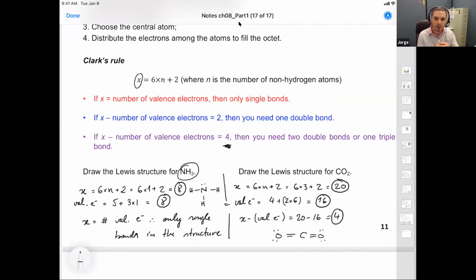You pick the central atom, count the total number of electrons, and start making single bonds. Then, after the bonds are made, you start filling the octet of the elements on the outside. If electrons are still left, you dump them on the central atom. And that's how you draw Lewis structures for covalent compounds.